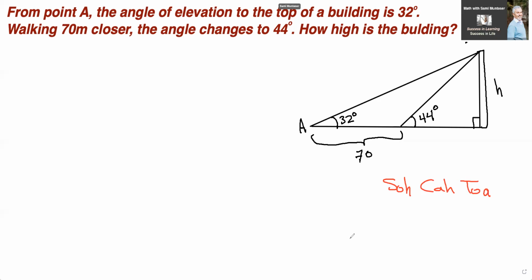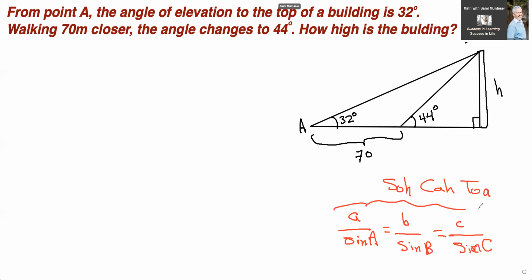Also here, I think we need to know the sine law, which is A over sine A equals B over sine B equals C over sine C. Of course, we use this with non-right angle triangles. So SOH CAH TOA is for right angle triangles. The sine law here is for non-right angle triangles.